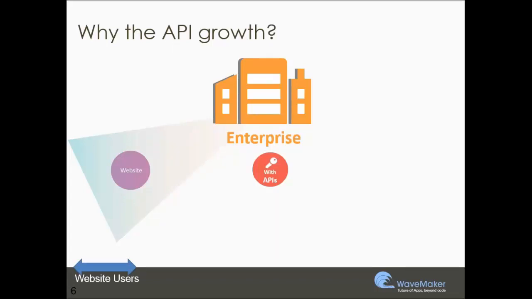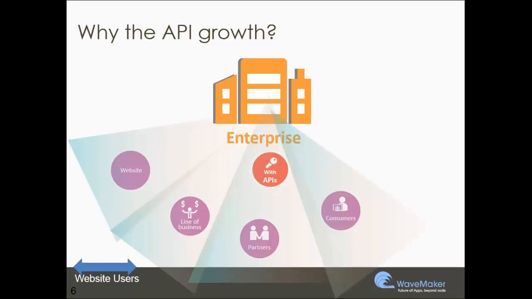What has happened in the modern times is that using APIs, enterprises now have the ability to reach out to their line of business applications, to reach out to their partners or their consumers, and also a diverse set of new channels, for example, mobile devices or IoT devices.